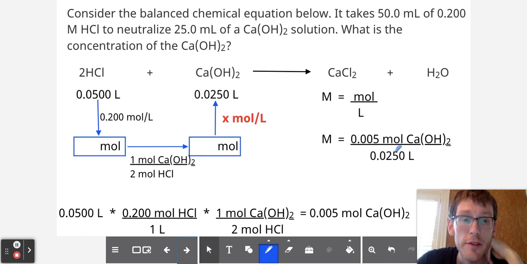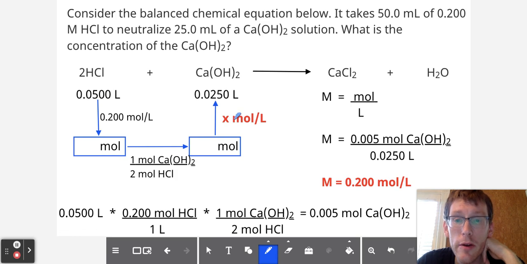So I just substitute in here, and what I end up with is that the molarity of the calcium hydroxide solution is 0.200 moles per liter. And that's how I would solve for molarity when given other information about a solution.